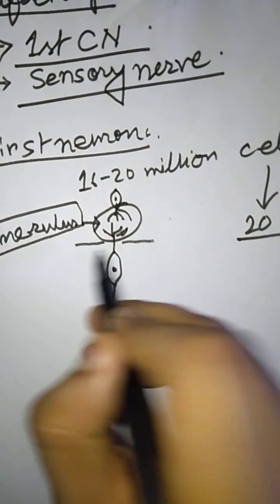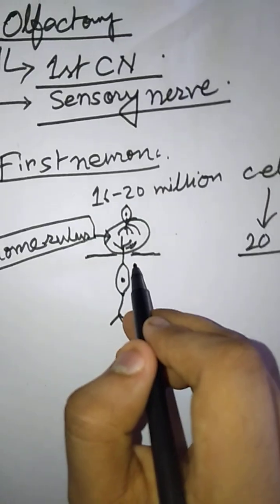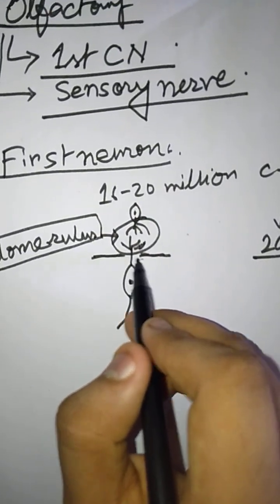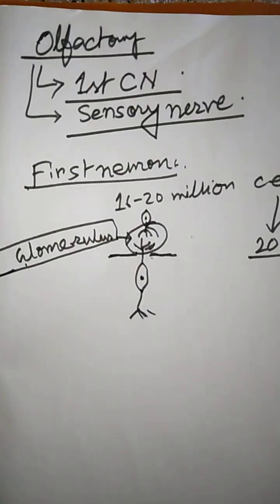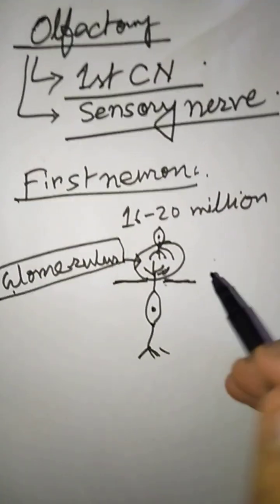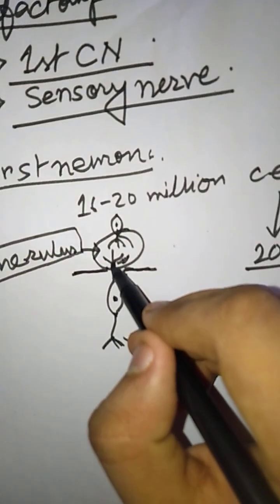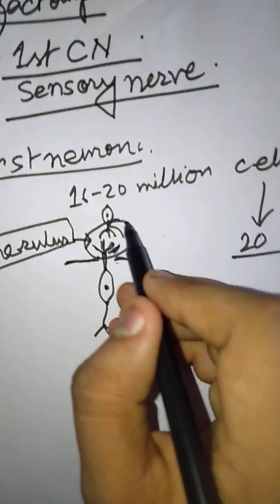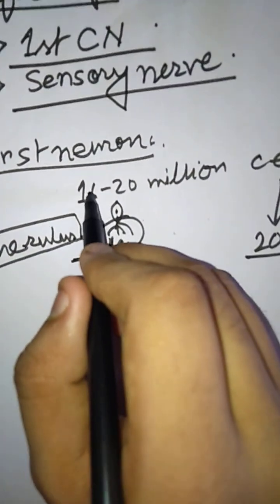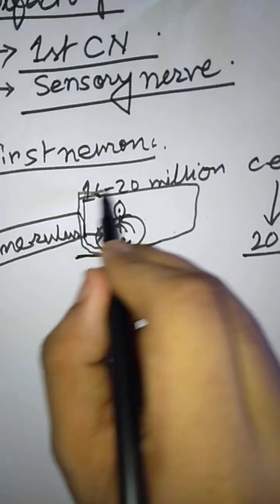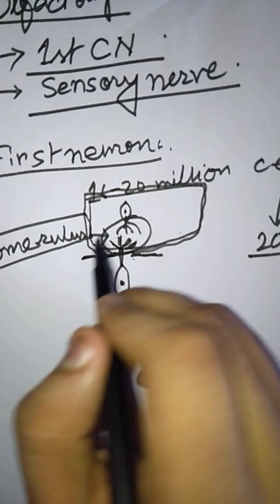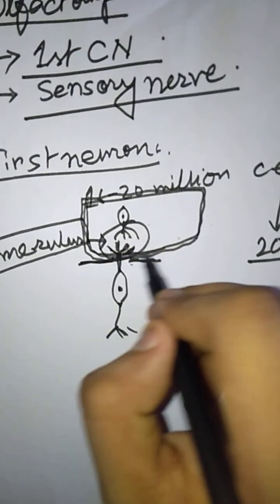These pass through the gaps in the ethmoid bone. What is this process? Cribriform process. When it goes through this, it goes to the olfactory bulb, which I have already discussed. This is the olfactory bulb.